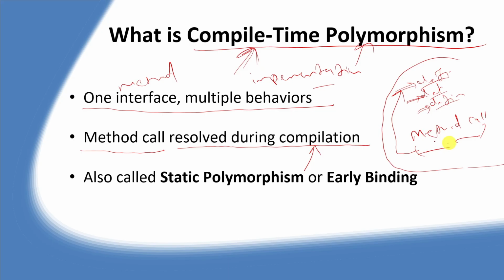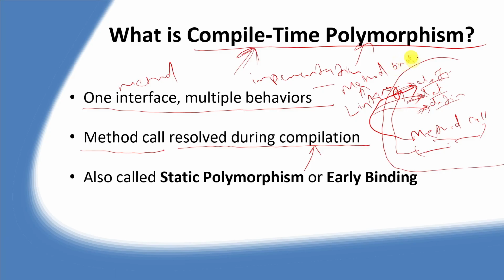Okay, so method call resolved during compilation, or you can say method binding. In the previous video I explained what method binding is. Method binding is linking method call to method definition. Which method definition it will go? So that linking is called method binding.